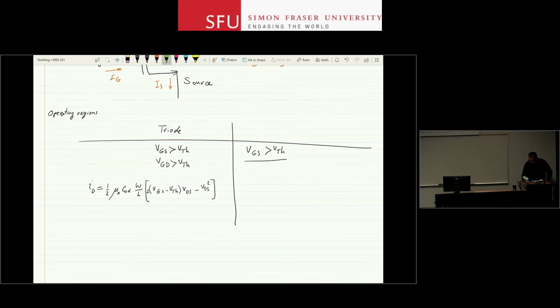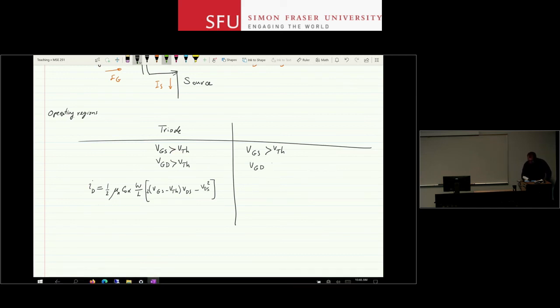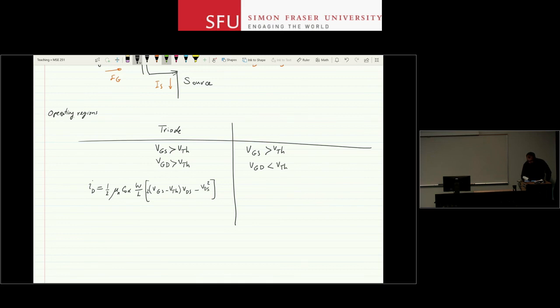but VGD, because we keep increasing the drain voltage, became less than VTH. Okay, I can write this in an equivalent way, right? So VGD, I remember that is VG minus VD, or I can write it as VGS minus VDS.